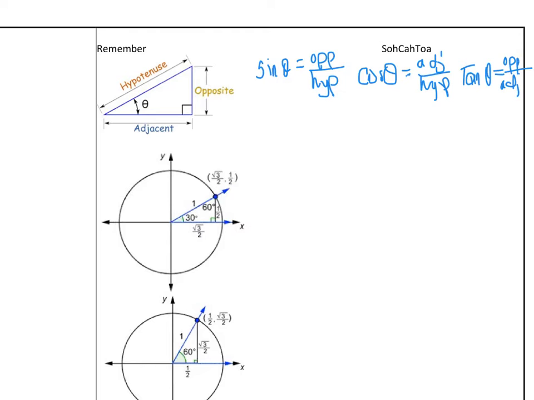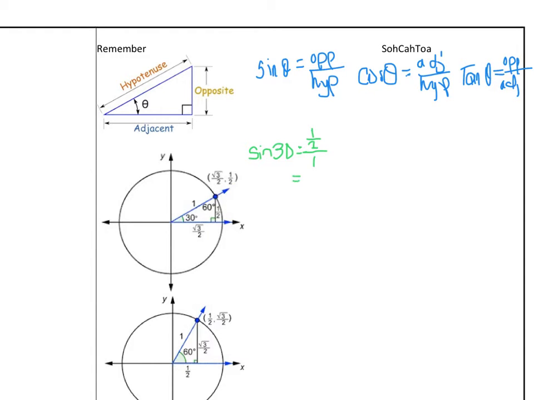So underneath this one, we have a unit circle with a 30-degree angle. If we were looking for the sine, or cosine, let's start with sine. The sine of the 30-degree angle, we would look for the opposite side, which would be 1/2, over the hypotenuse, which is the unit circle, so that equals 1.